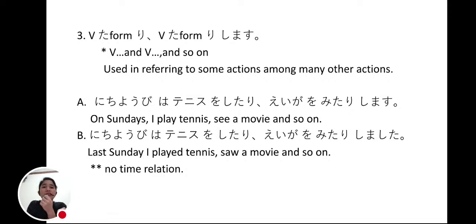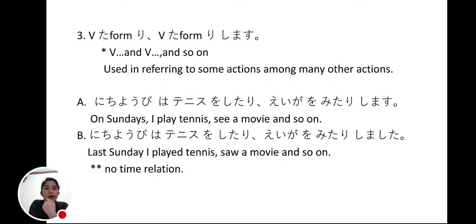And there's no time relation for that. No time relation. For example, that is not in order. You can say past experience only for our sentence pattern a while ago. Koto ga arimasu, no? Verb ta form, and then koto ga arimasu.